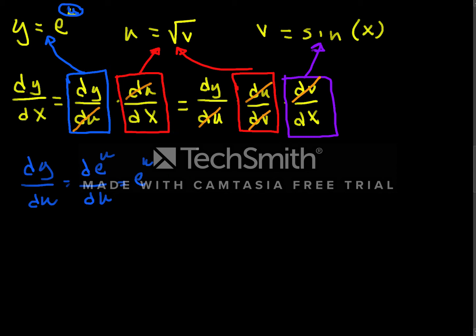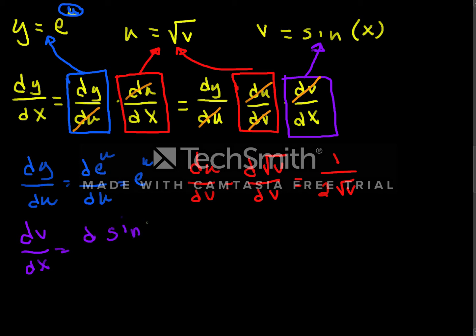Well, du dv is the differential of the square root of v with respect to v, which is 1 over 2 square root of v. And finally, what is dv dx? dv dx is the differential of sine of x with respect to x, and the derivative of sine is cosine of x.